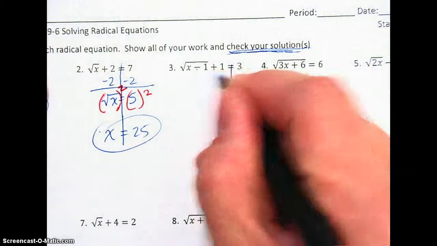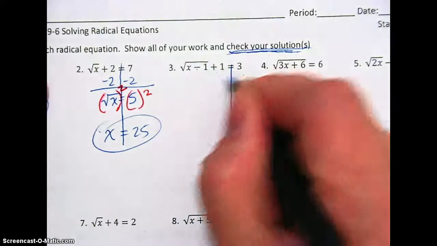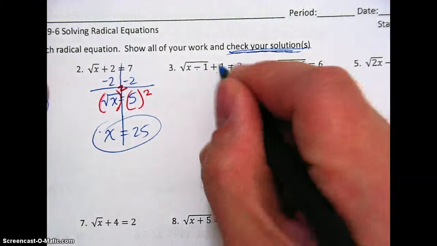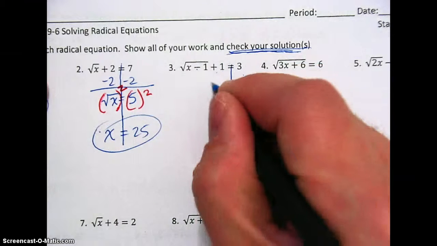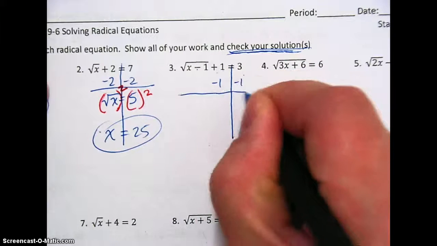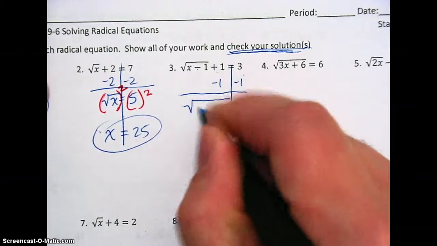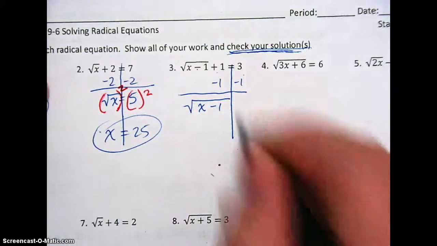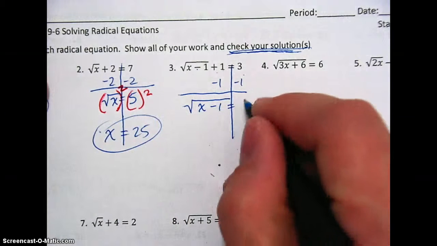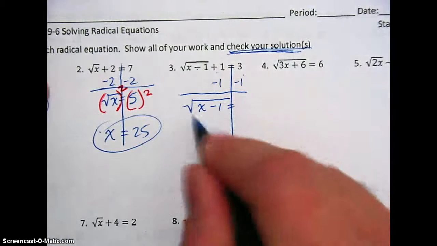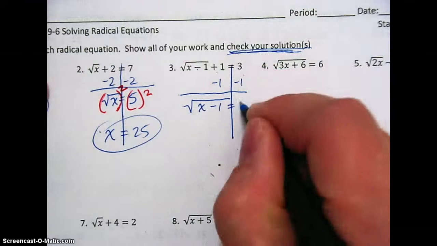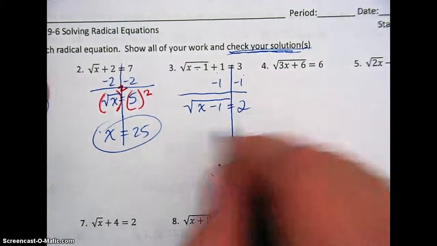You can't combine this and this. One's under the radical and one's not under the radical. So we've got to move this 1 over first so we can get the square root all by itself. When I say all by itself, I mean the square root and the stuff under it. Now you square both sides.